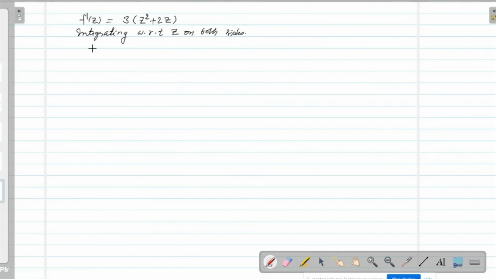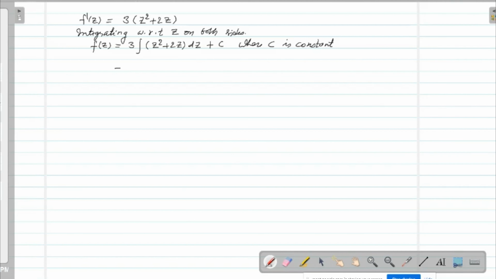Integrating, we get f of z equal to 3 times the integral of z square plus 2z dz, plus an integrating constant c.